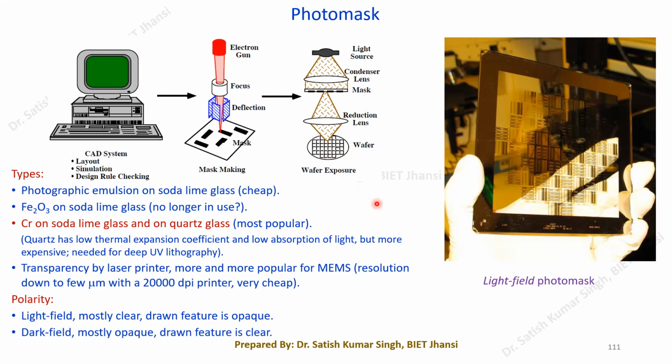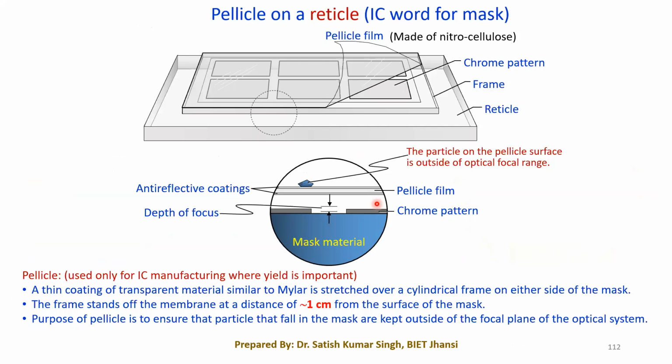So to prevent such problems, you can see here that the word reticle is used for the substrate, the fused silica quartz substrate that we are using. The same substrate you can also call a reticle. Onto this fused silica quartz substrate we have a chromium pattern, and then we have a metallic frame.